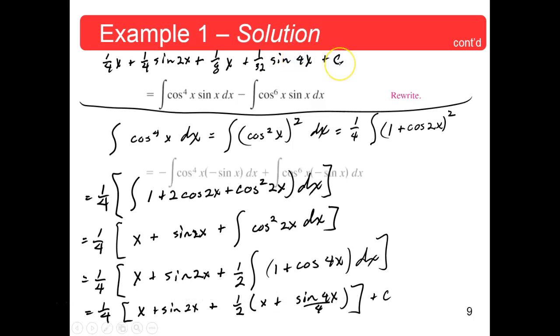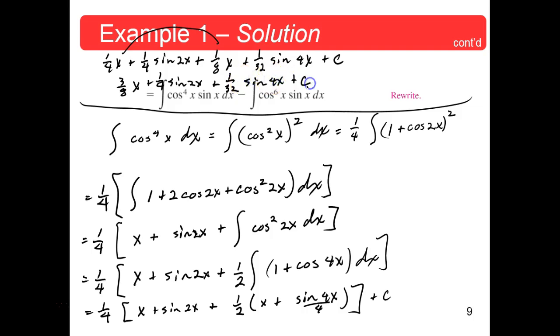plus c. Now there's one other thing you can do to clean up a little bit, is combine these two, and that is 3/8 x plus 1/4 sine 2x plus 1/32 sine 4x plus c.